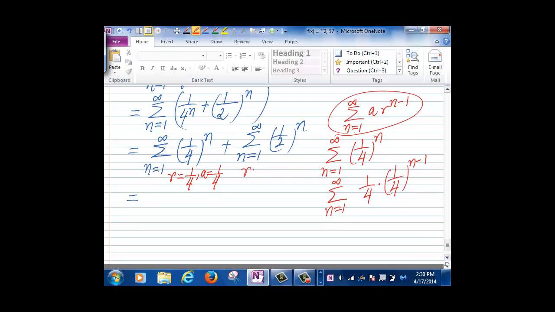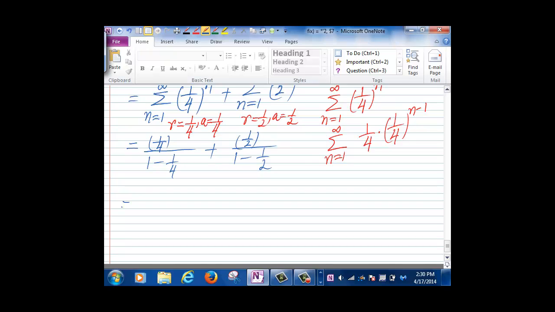What's the r value in the second one? And a value? 1/2. So then I could now say the sum is what? What's the sum of the geometric series? It's a divided by 1 minus r. So then I'll have here 1/4 divided by 1 minus 1/4, plus in the second one I have 1/2 over 1 minus a half, right?